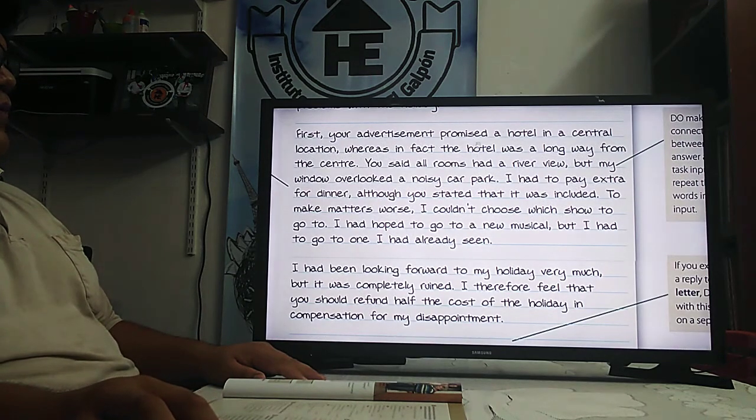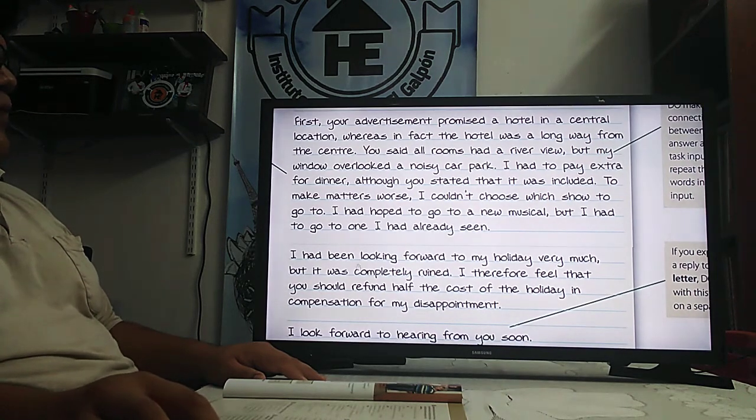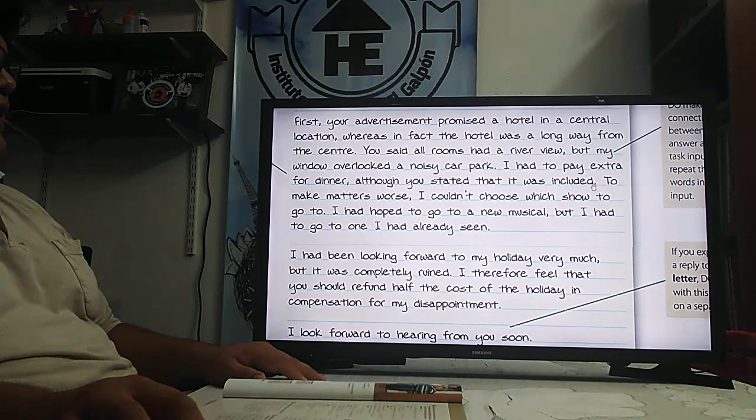First, your advertisement promised a hotel in a central location, whereas in fact the hotel was a long way from the center. You said all rooms had a river view, but my window overlooked a noisy car park. I had to pay extra for dinner, although you stated that it was included.